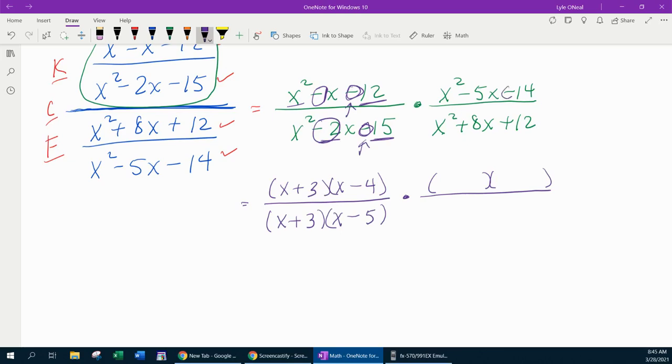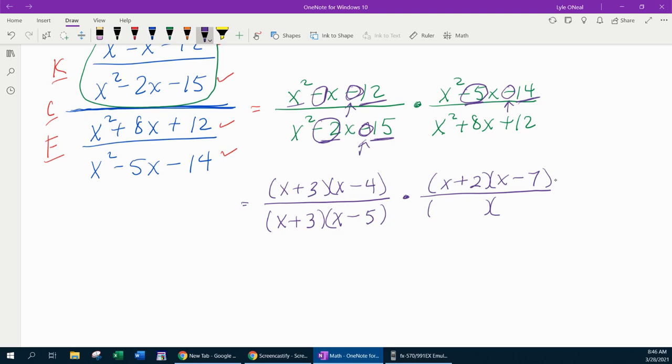Next, trinomial. Again, read the signs. Minus at the back makes them different. X and x to make x squared. And this time I need numbers that multiply to make 14 and subtract to make -5. Again, that's 2 and 7. 2 times 7 is 14. 2 minus 7 is -5.